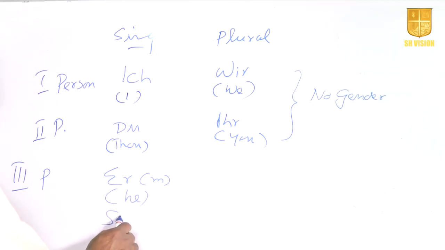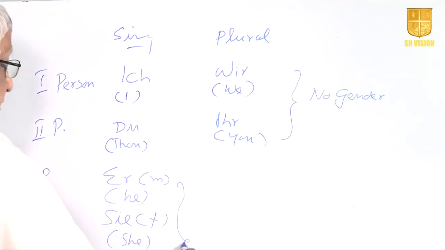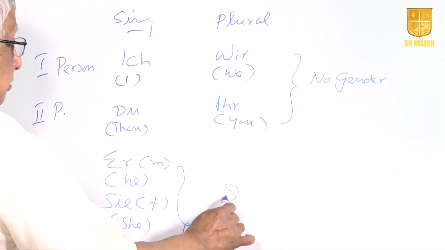Sie is feminine, she. Es is neuter, it. So this is third person. It has gender. And the plural of all these is the same, sie, plural.